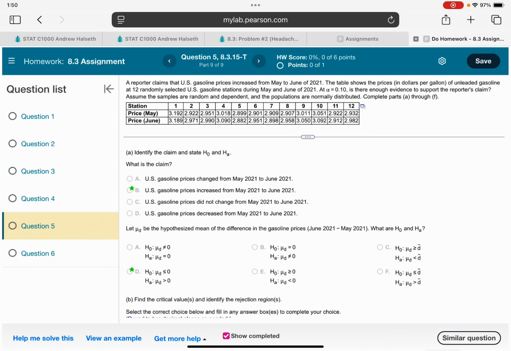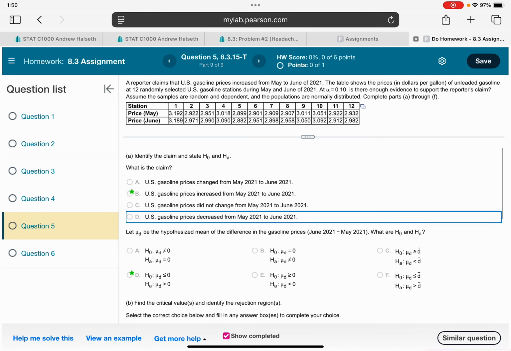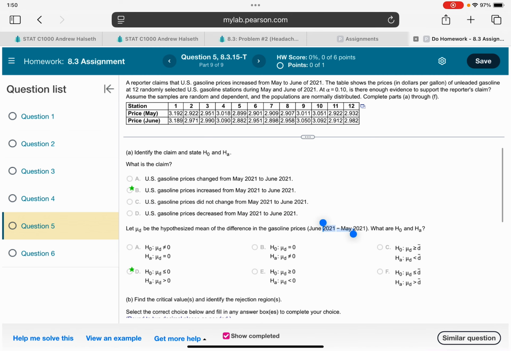So notice on this one, it does before minus after, or right there, and I'm trying to point out, or June minus May. So it's column 2 minus column 1, and that kind of reverses everything, right?